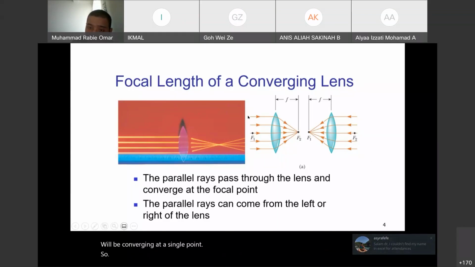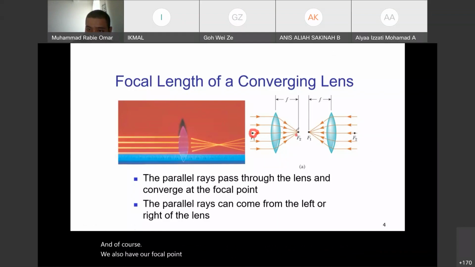So we have our light rays coming from the left hand side, and then it will converge to a point here. And of course, we also have our focal point on the left hand side, and then we have another focal point on the right hand side.